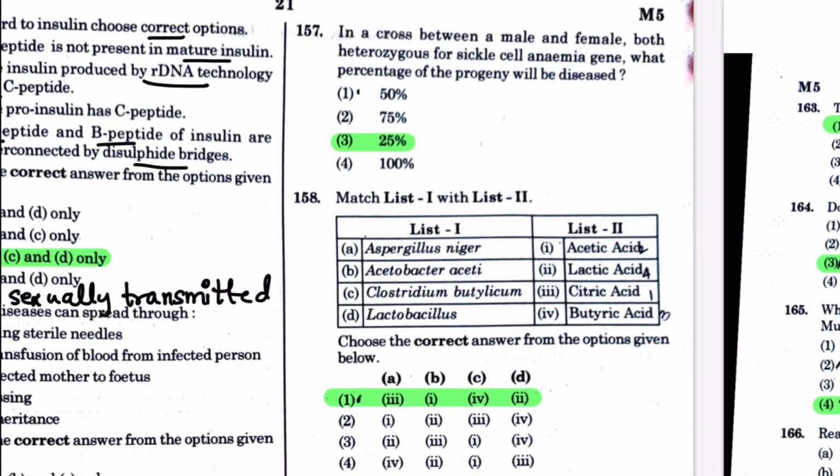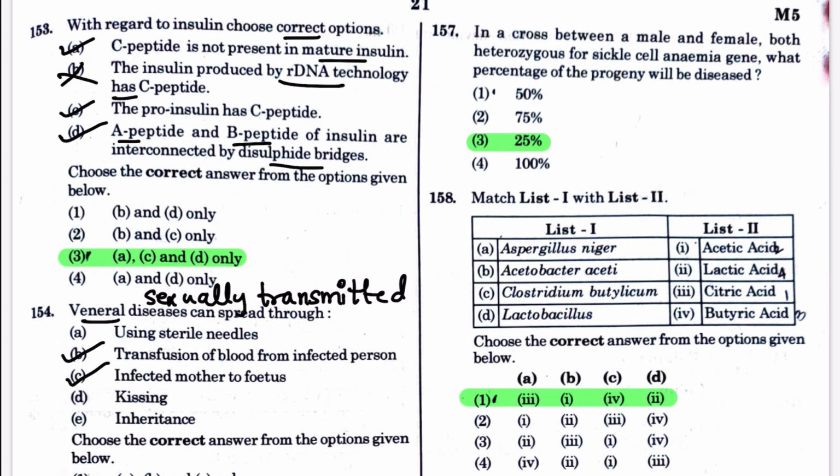Okay, in a cross between a male and a female, both heterozygous for a sickle cell anemia gene, what would be the percentage of the progeny which would be deceased? So always remember, they have just to confuse, they have given you male and female, right? And it is a sickle cell anemia. We know sickle cell anemia is an autosomal recessive disease, which means if a particular person is in this state, small a only, they would be affected.